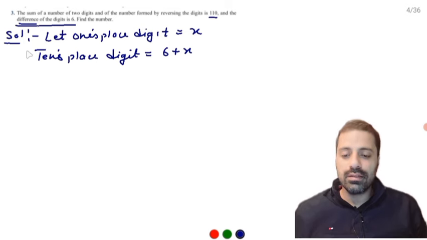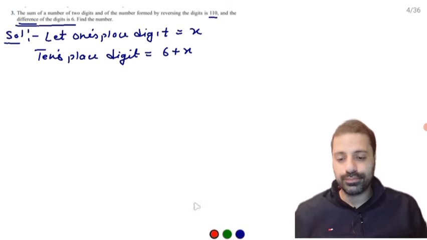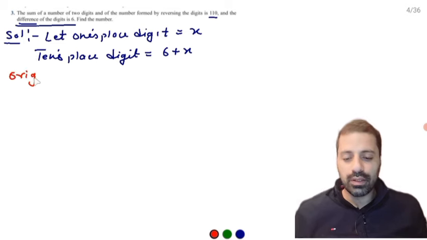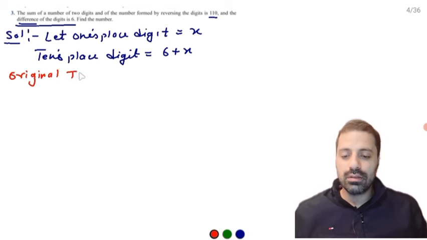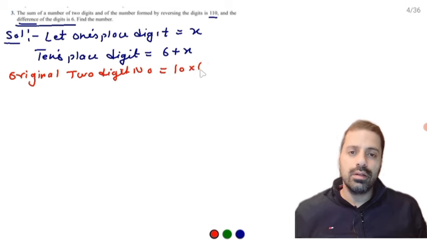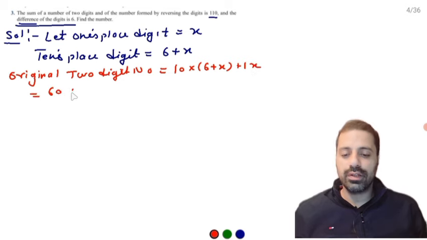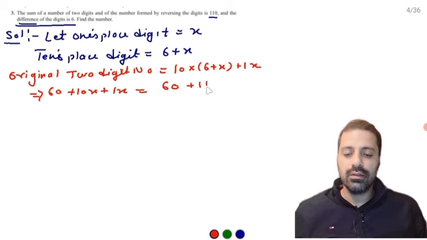In the case of difference, now it is going to be addition. Now the original 2-digit number is equal to 10 multiplied by the tens place digit, and 1 multiplied by the ones place digit. After simplifying we have 60 plus 10x plus 1x, and finally the 2-digit number is 60 plus 11x. This is our 2-digit number.